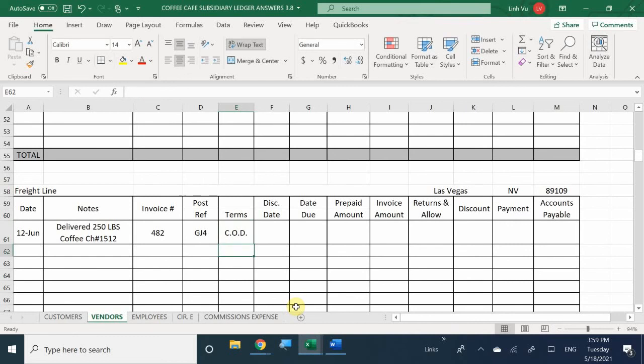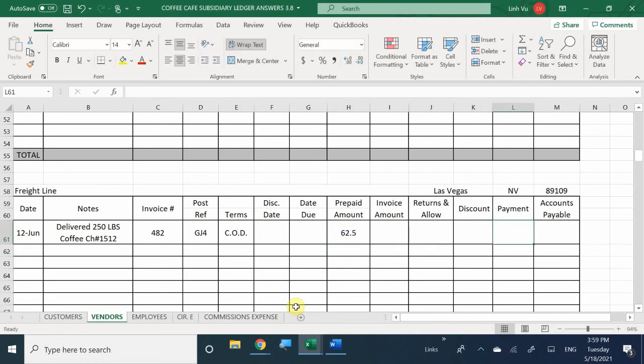So in their case, there's no due date, obviously, because they wanted the cash now. They don't give us any discounts or a due date. We didn't make any prepaid accounts with them because they are simply a third-party vendor that's just doing their job, which is delivering the coffee. So in this case, my invoice amount was the $62.50.